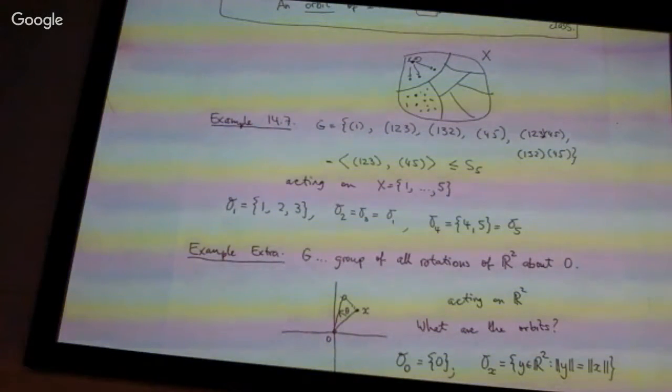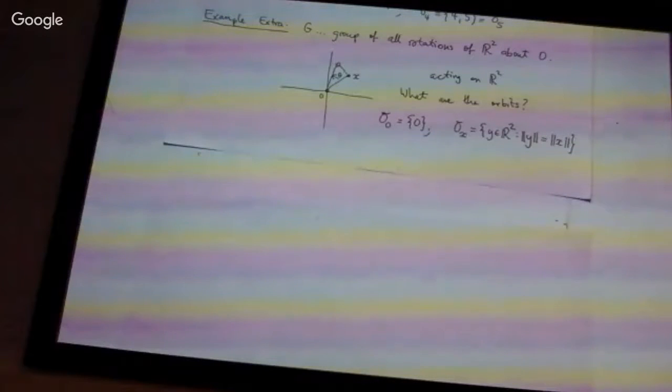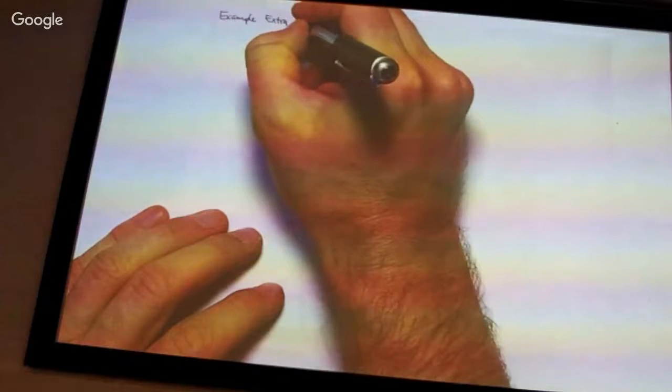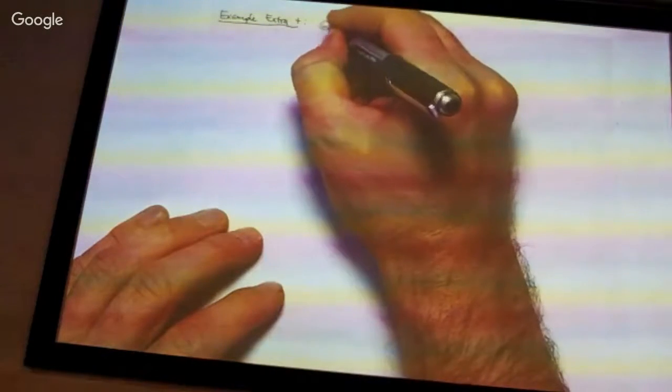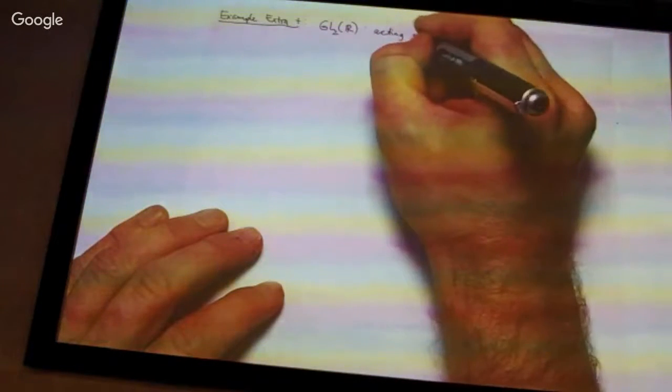Okay, any questions so far? Just as a test question, what are the orbits when you take the general linear group, for example, acting on the plane?